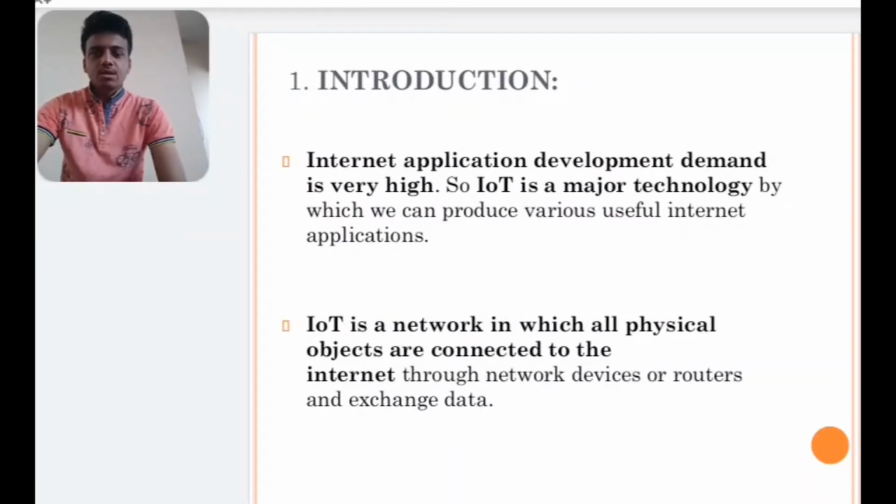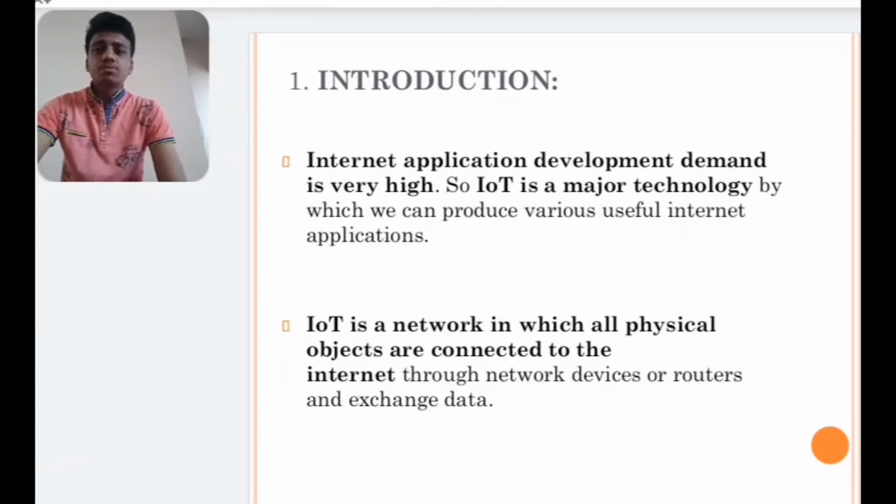In internet application development, demand is very high nowadays, so Internet of Things is a major technology by which we can produce various useful internet applications. As we know, we use various internet based applications such as social media applications, WhatsApp, Facebook, Twitter, etc., or any other applications which are based on internet.